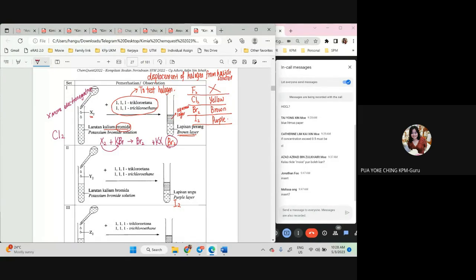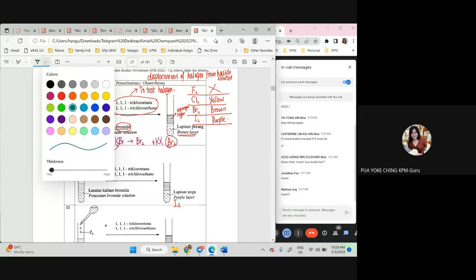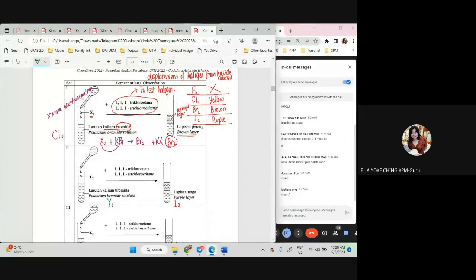Okay, dah. Next, Y2. Y2 tambah KBr, dia dapat I2. Saya nak tanya I2 ni datang dari mana? Adakah daripada KBr? Bukan kan? So, maksudnya I2 ni adalah daripada Y2.